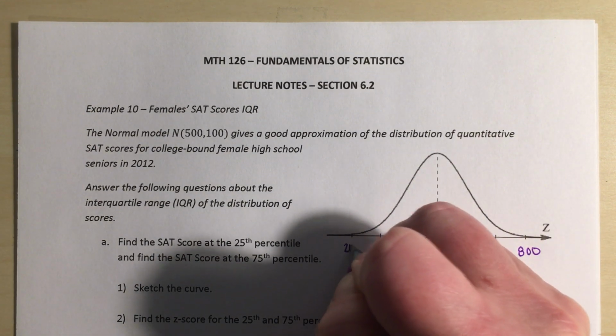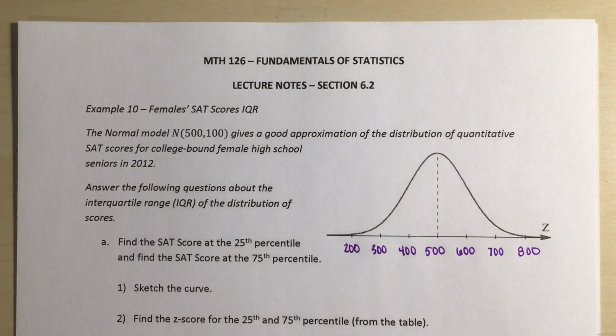In this particular case, we're asked to find the SAT score of the 25th percentile and the SAT score of the 75th percentile, because what we're looking for is our interquartile range. If we go back to previous chapters, remember our interquartile range is our middle 50%, between our 25th percentile and our 75th percentile.